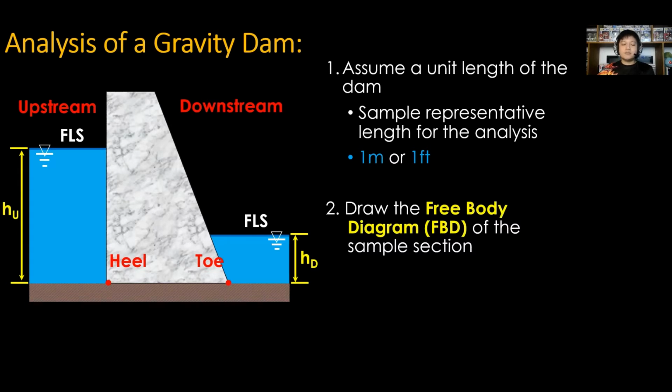For weight of the dam, divide it into two simpler shapes for purposes of centroids at the latter part of the analysis. For this sample, divide into two shapes, one rectangle and one triangle. Thus, W1 for the first shape and W2 for the second shape.